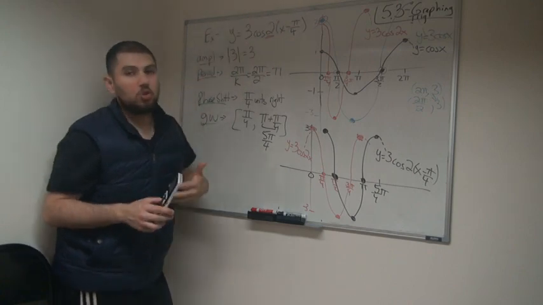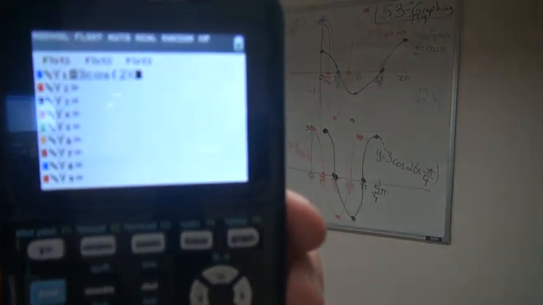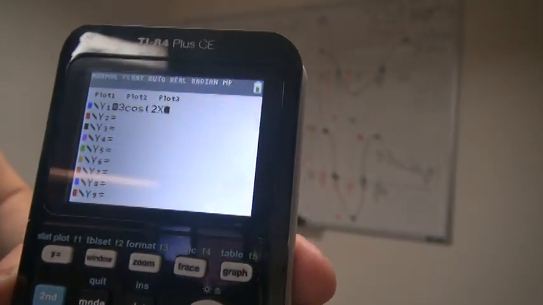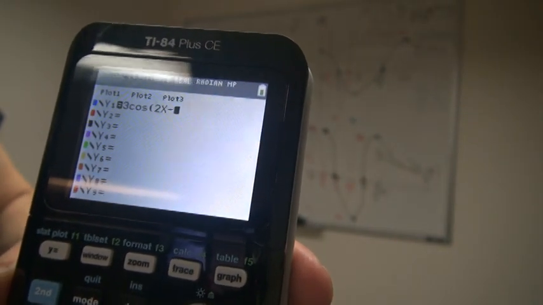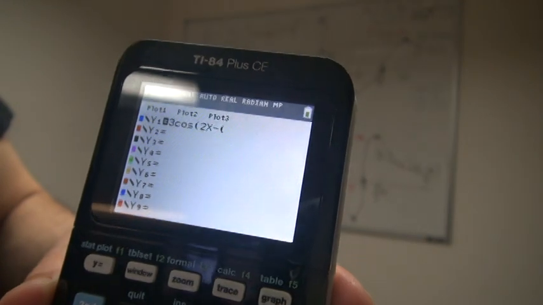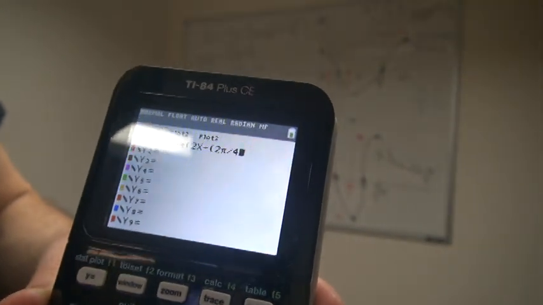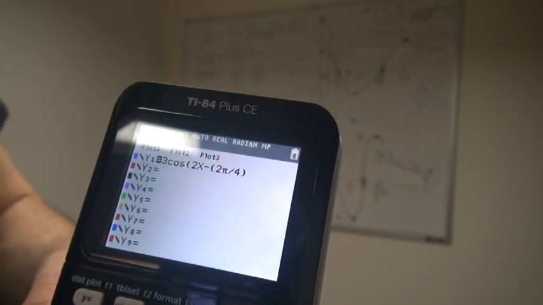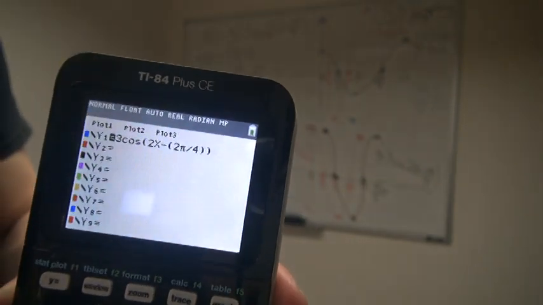So you could either do one of two things. You could do this on your graphing calculator: 3 cosine 2x, and then minus 2 times pi over 4. So I would have 2 pi divided by 4. Not minus pi over 4, but 2 times pi over 4, which is 2 pi over 4. Double close the parentheses. That's one way of typing it in.